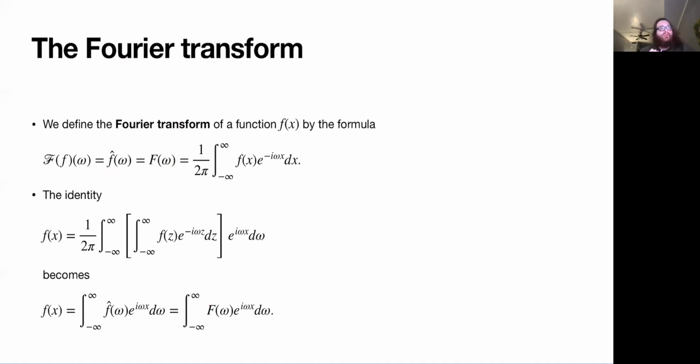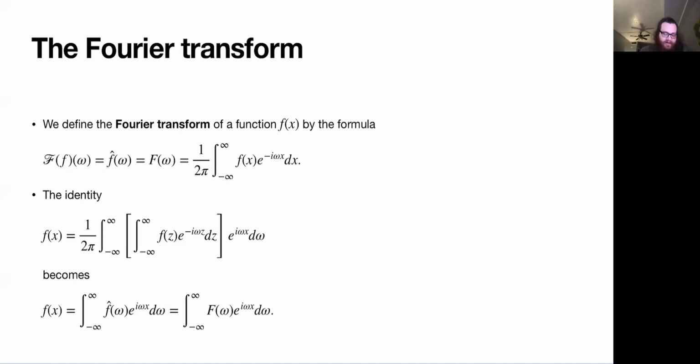If you really want to focus on the fact that you're applying some sort of operation to a function, then sometimes people write it in this way, where you have a calligraphic F, and then you're applying it to a function f. So then this whole thing right here is going to be your Fourier transform, okay? These three things are just alternate notation for the same object. What is that object? That's this integral.